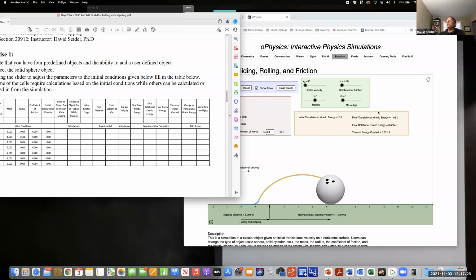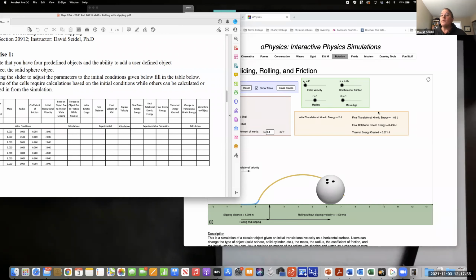But your translational plus your rotational kinetic energy is equal to the thermal energy created, which is the work done. And that's the change in the kinetic energy, and we can look at the work done on an object.